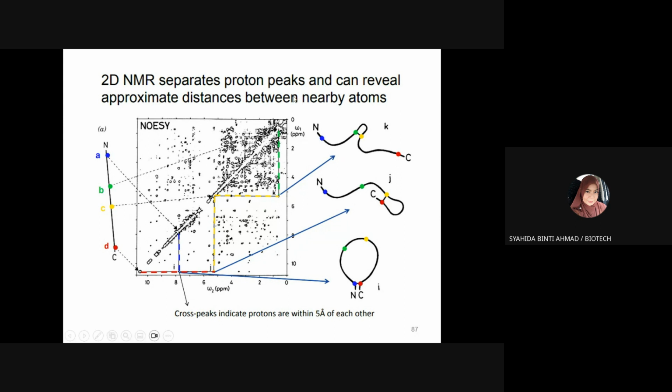So it can help you to see the distance between nearby atoms, for example like this structure, right? So it is not easy. Students who are masters in protein may be able to determine this spectrum, right? Even I myself am not familiar with 2D NMR.